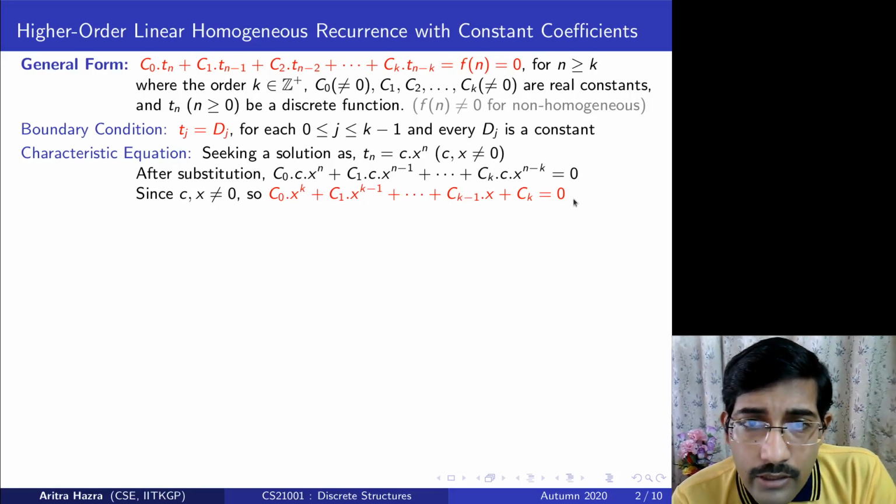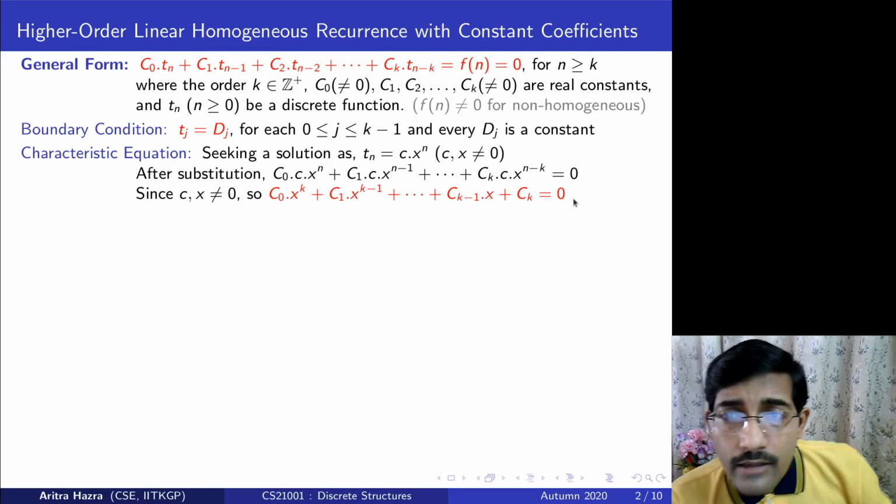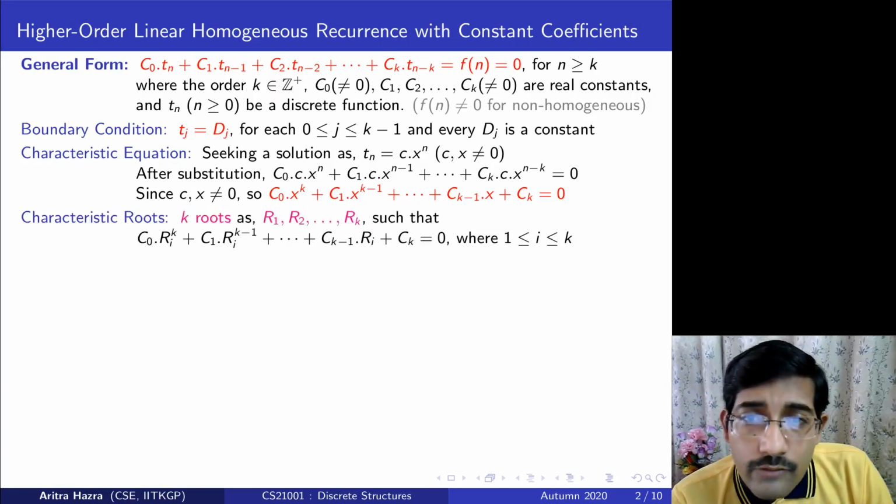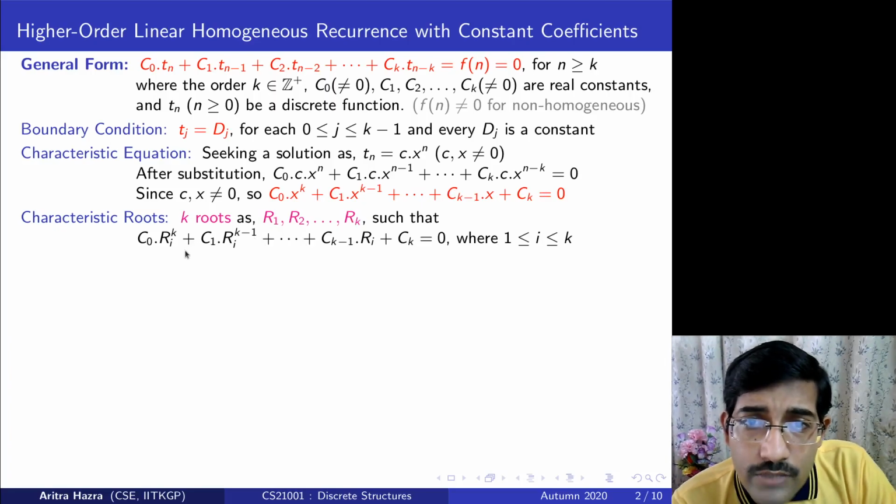As in the second order case it's a quadratic equation, so we get two roots. In the kth order case, if we solve it, we will get k number of roots. Each root will satisfy the condition that if we put it in the characteristic equation, it gives 0.